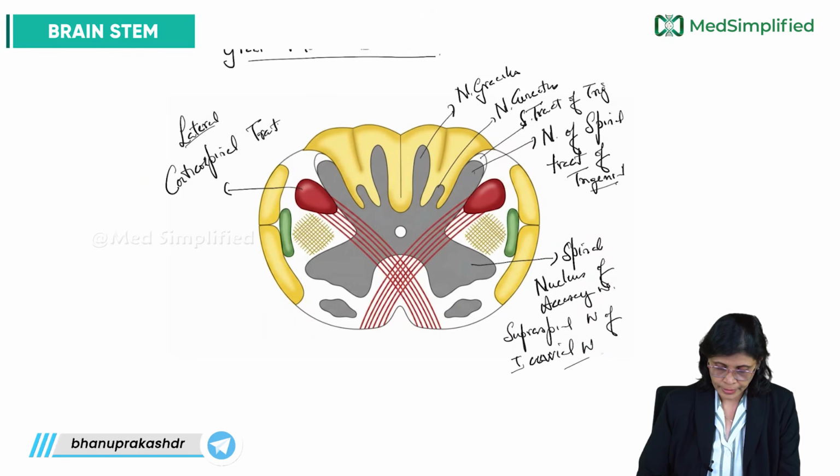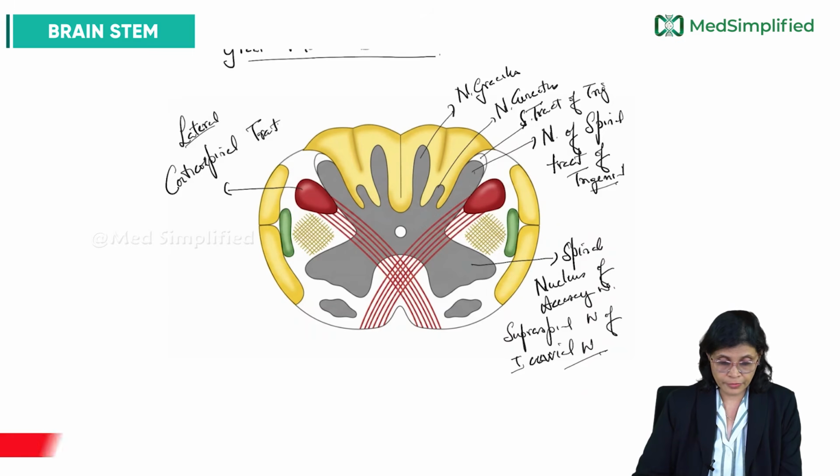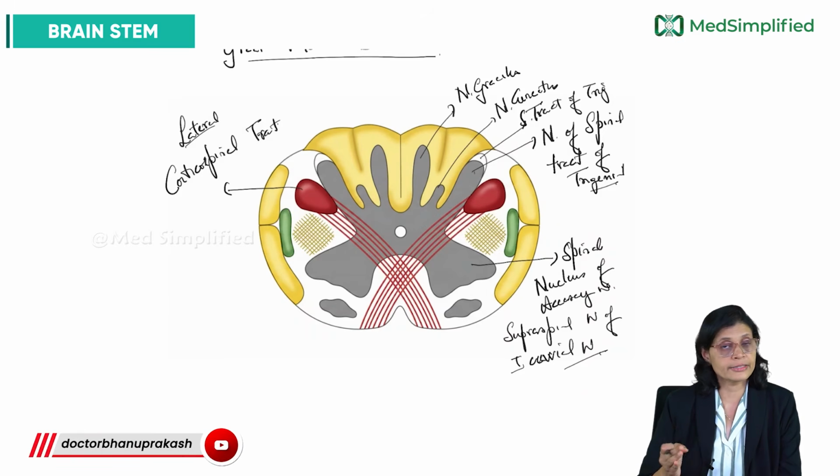So that is what these anterior horns form. This nucleus of the spinal accessory nerve will be extending from here downwards up to the fifth cervical spinal segment.